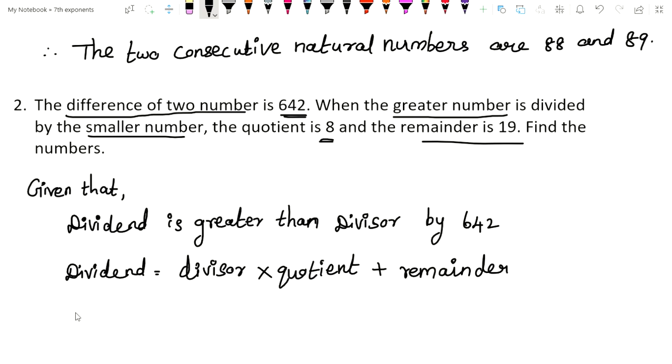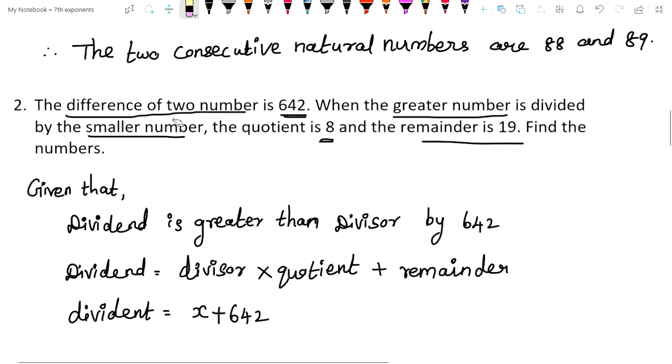Okay, so dividend equal to x plus 642, because we said that the difference is 642. Here divisor is x, you are considering. Okay.